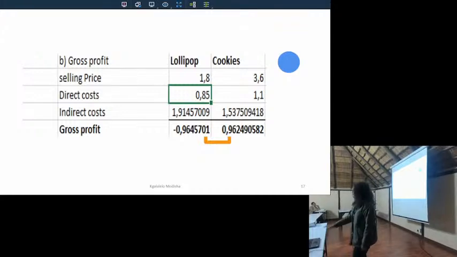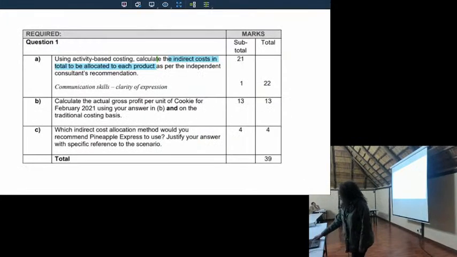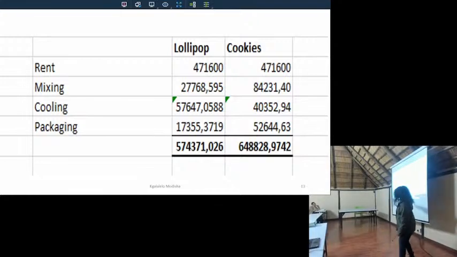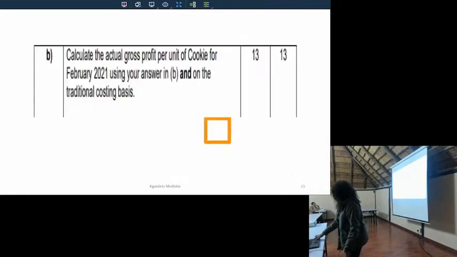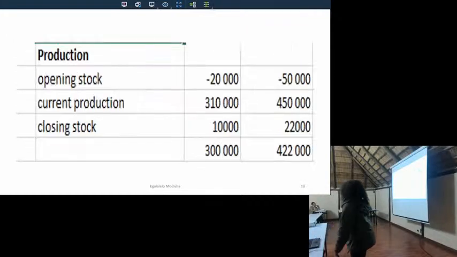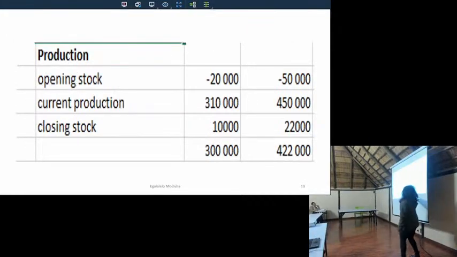So we're taking our previous answer, this, right? And we're dividing it by this. Yes. So in your production, right, you have opening stock of 20,000.